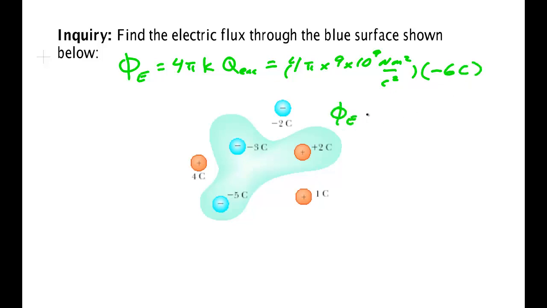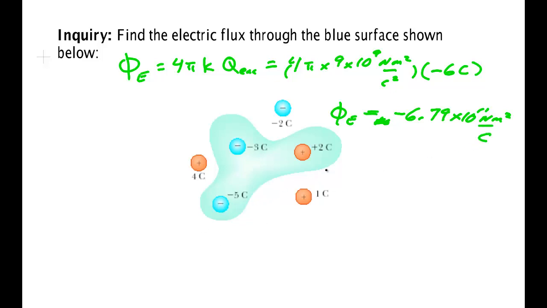Need to punch a calculator, of course. So we punch it, and we get minus 6.79 times 10 to the 11 newton meter squared per coulomb.